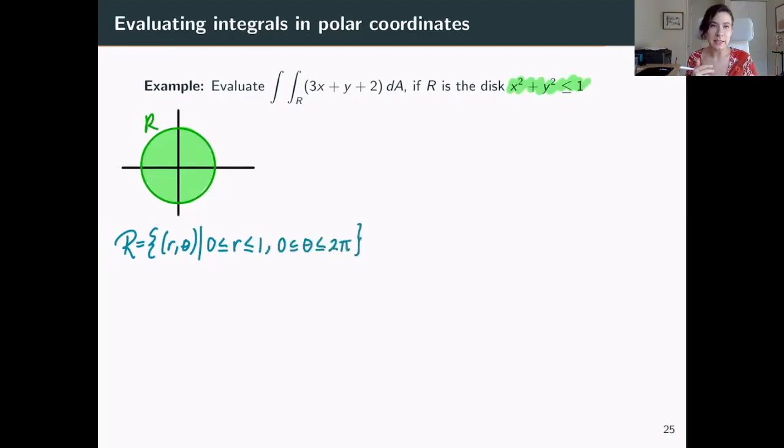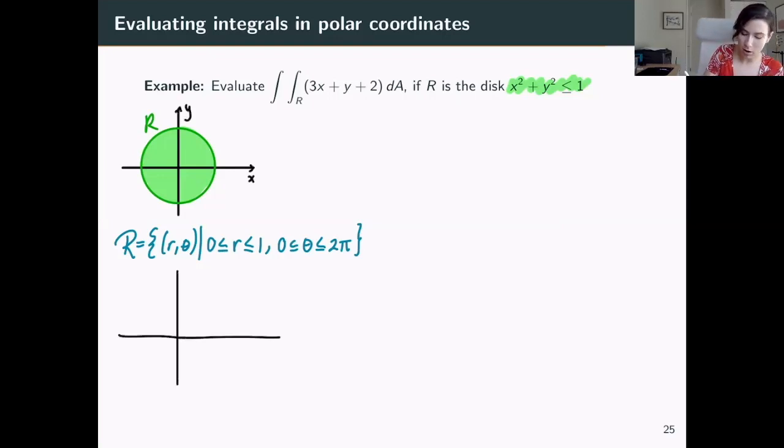This allows me to now go from coordinates in x and y to coordinates of r and theta. So here I have my r, I have my theta, and our radius will range from 0 to 1, while our theta will range from 0 to 2 pi.